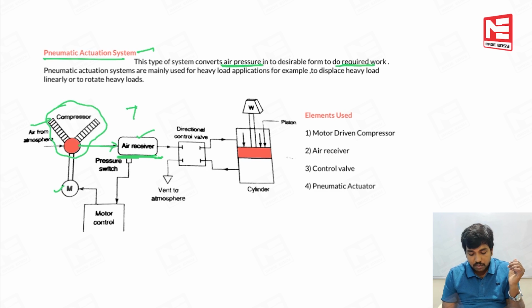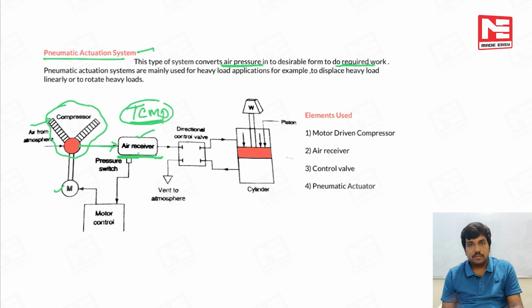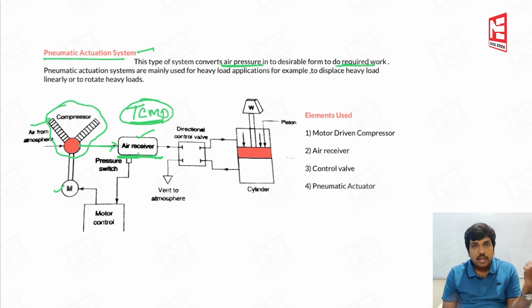Once the air receiver does its job, the air will be sent into the directional control valve. Again, see how many ports we have here. This particular directional control valve has one entry from the air receiver and one exit, a vent to the atmosphere. In the hydraulic actuation system, this exit is connected to the tank, but here it is allowed to go to the atmosphere because it's air.